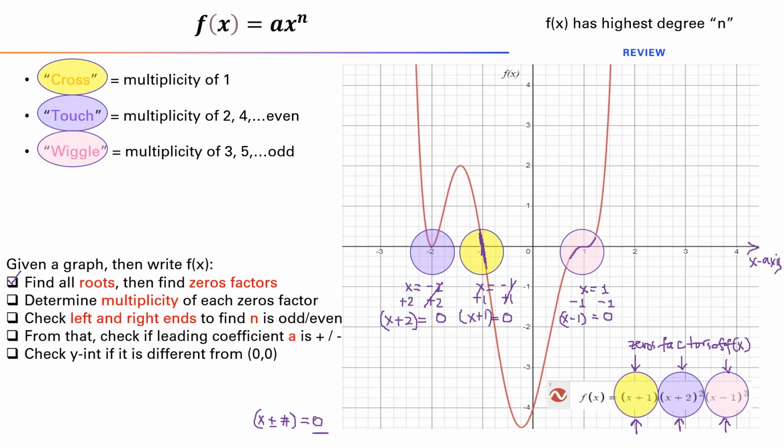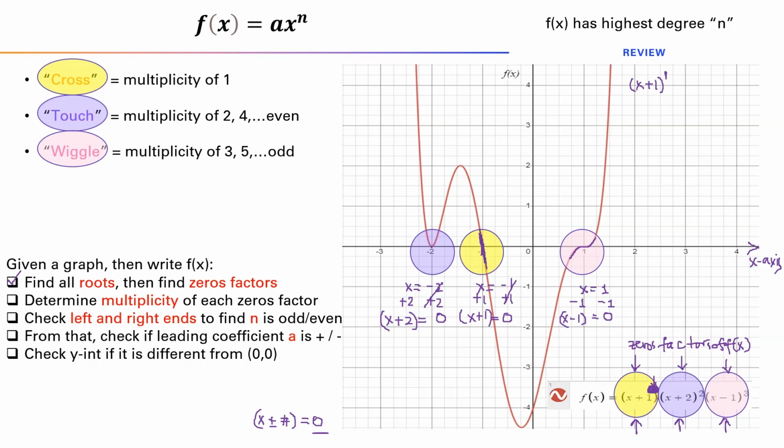When you see a cross like that, it's a multiplicity of 1. It means it doesn't have anything right here. It is 1. So it means x plus 1 to the power of 1.